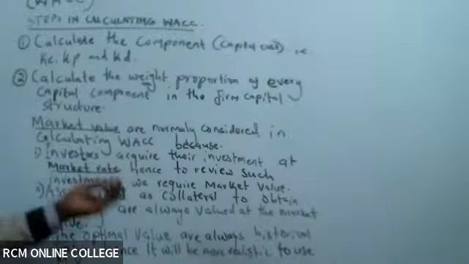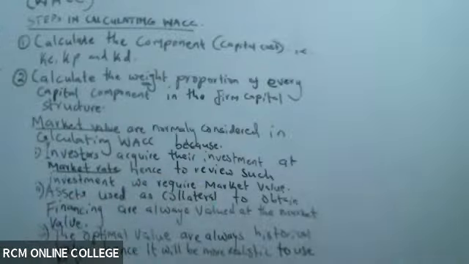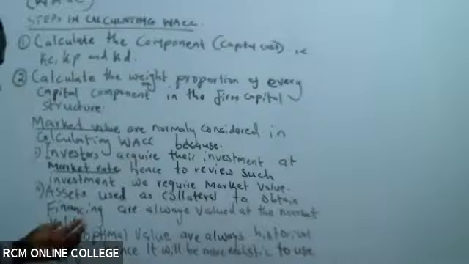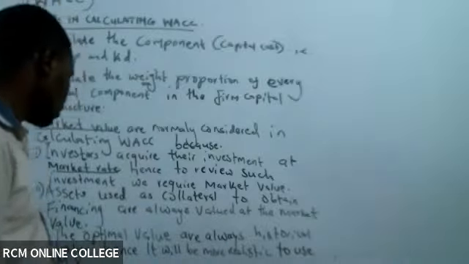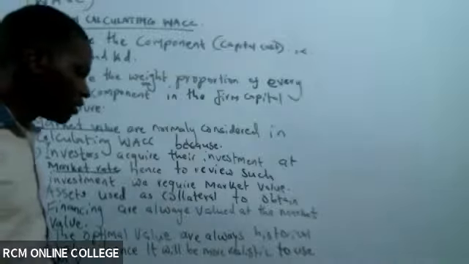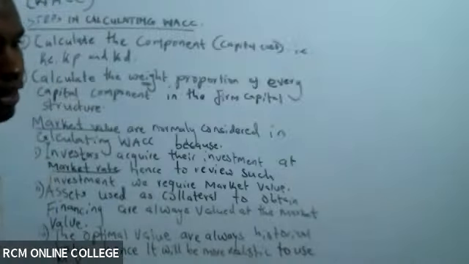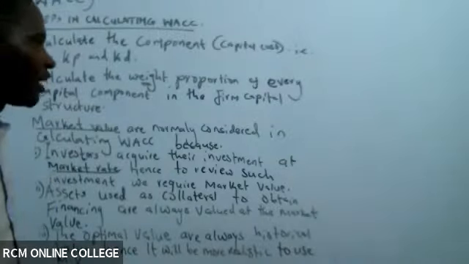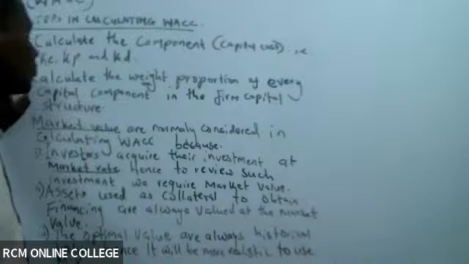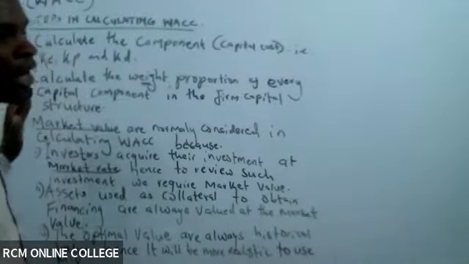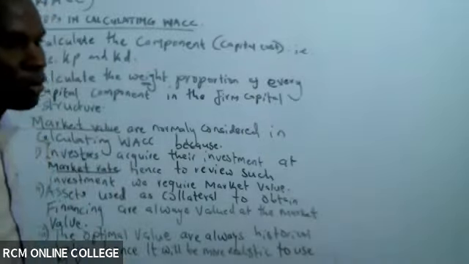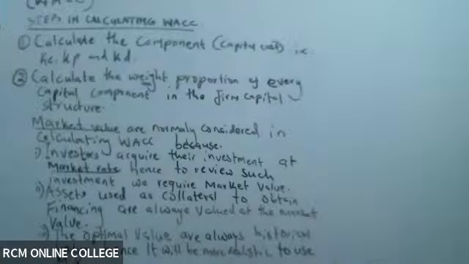Then, assets used as collateral to obtain finance are always valued at the market price. And then book values are always historical values, and hence it will be more realistic to use market value. Are we together? Remember, that was just under step number 2. We paused a bit and now move to step number 3.